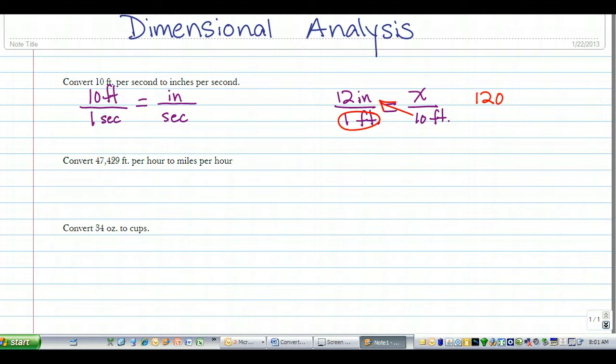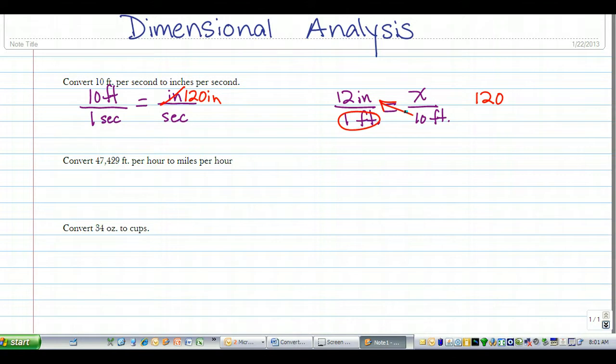Actually, I need to put that here because I've converted it. 10 feet per 1 second we found is equal to 120 inches per second. So have we answered our problem? Yes, we have. 10 feet per second is 120 inches per second. And we used our proportions to figure that out. Let's try this next one.